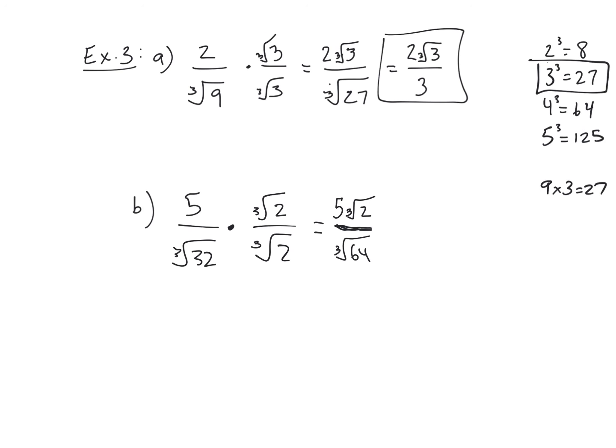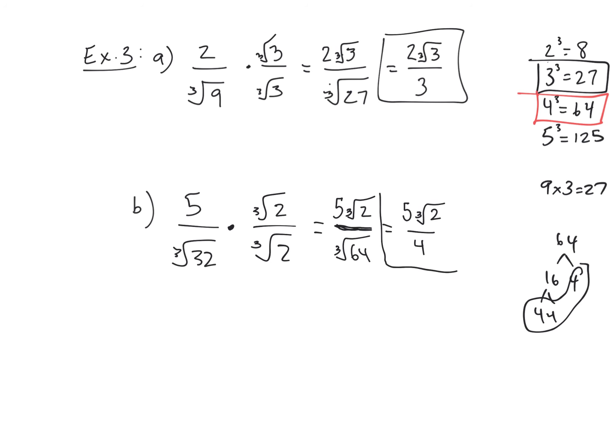And then the cube root of 64: 64 is 16 times 4, and 16 is 4 times 4. Again, that's going to go in evenly because 4 to the power of 3 is 64. So then the cube root of 64 would just be 4. So 5 cube root of 2 over 4 would be our answer there.